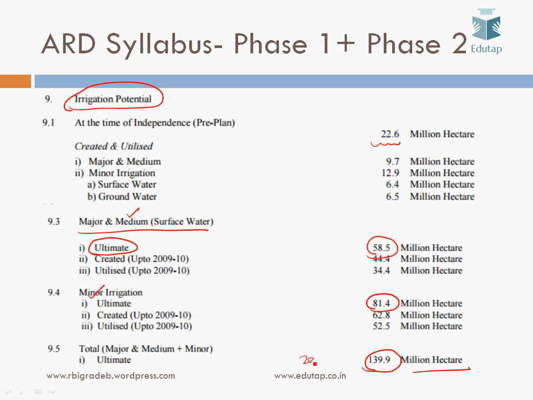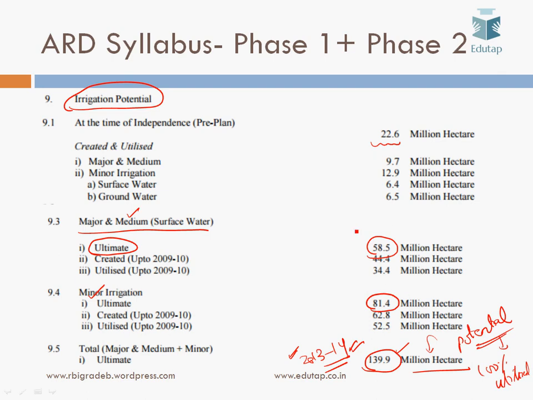This data is, I think, for 2013-14. I could not find the latest data on the website or in the annual reports of the ministries. So I am taking this data: the ultimate irrigation potential in India is 139.9 million hectare. Again, I am repeating, it does not mean that this much area is being irrigated. It is a potential. If we provide all the three things that we have discussed earlier, then that potential can be 100% utilized.